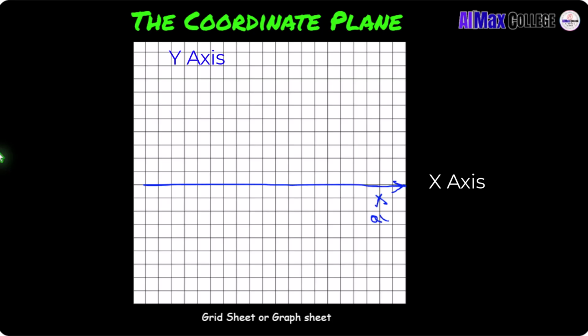Label the x-axis and label the y-axis. Y-axis is the vertical axis. This plane is called the Cartesian plane. It has 2 lines, a horizontal line called the x-axis and a vertical line called the y-axis. They cross at a point called the origin.